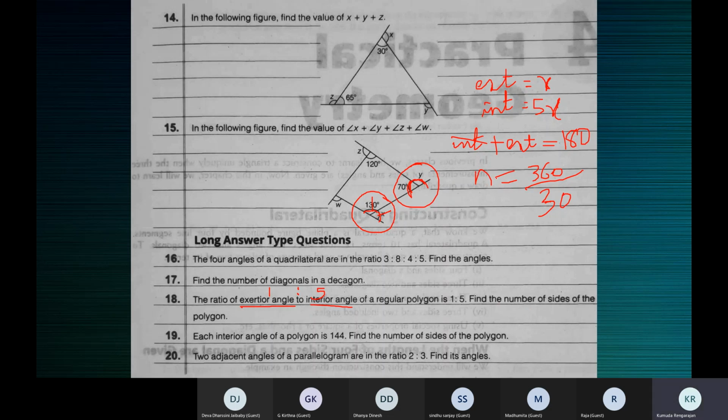The number of sides is equal to 360, which is fixed, by each exterior angle. So 360 by 30, which is 12.